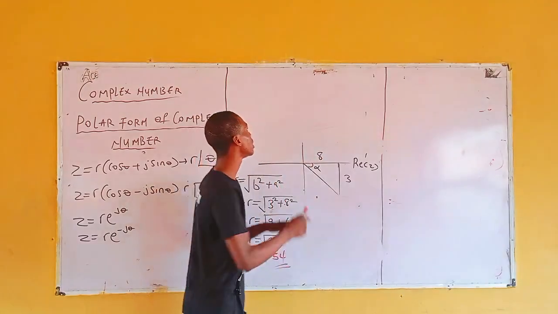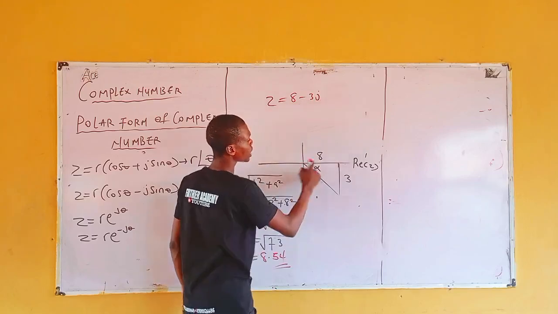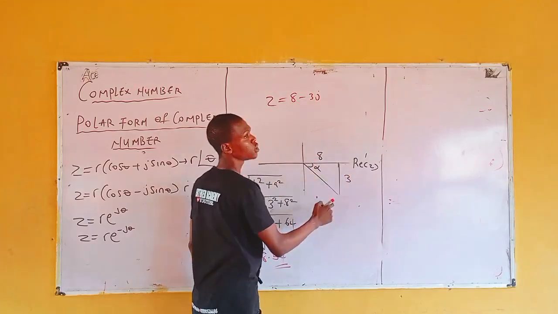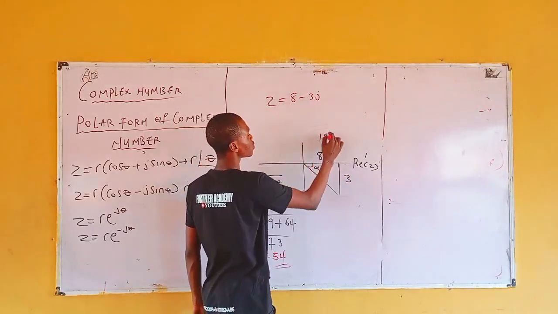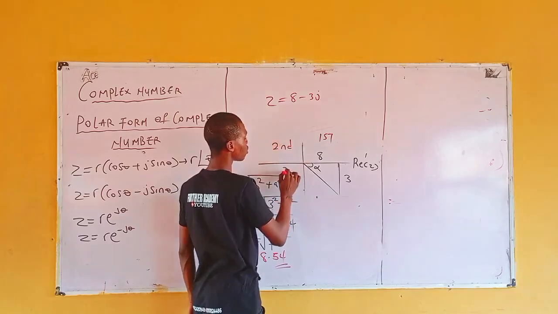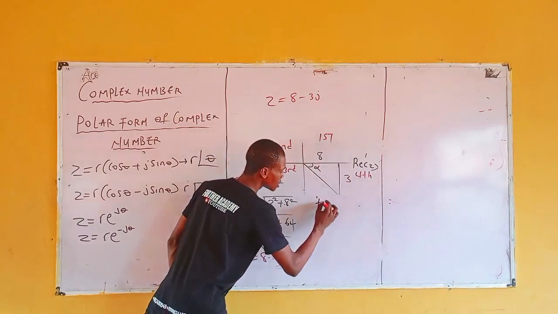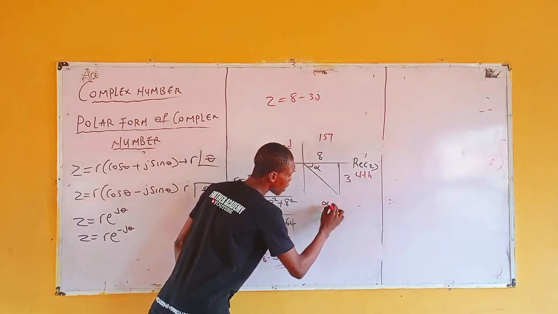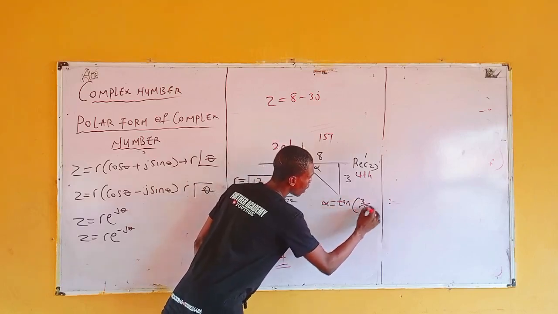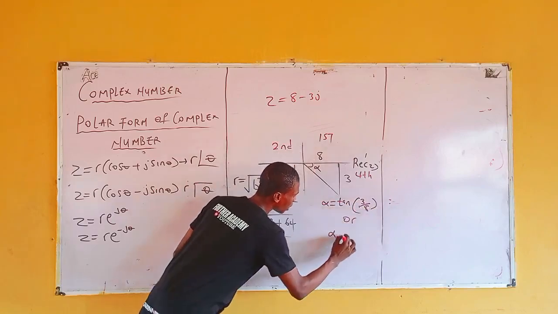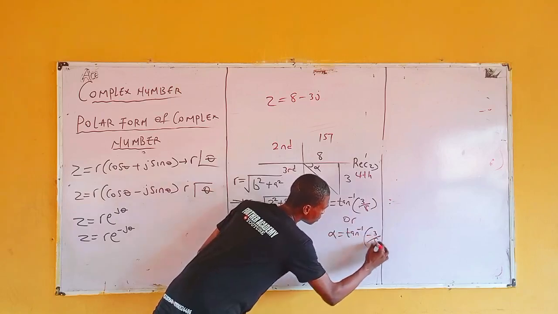So what we just did here, when we are given 8 minus 3j, we know that this is 8, this is 3. So it helps us to know the quadrant where this complex number belongs, if it is the first, second, third, or fourth. So there's no effect using alpha equals tan inverse of 3 over 8, or using alpha equals tan inverse of negative 3 over 8.